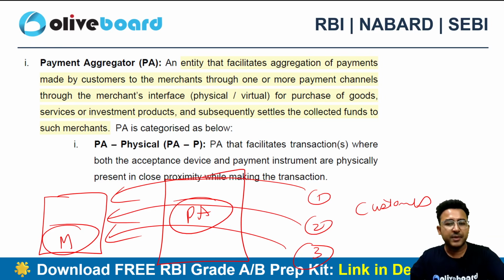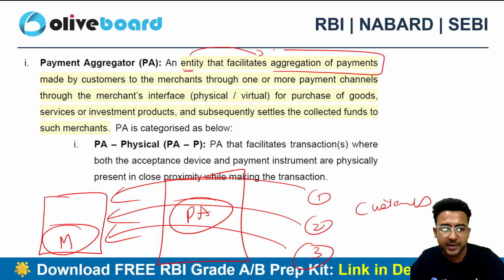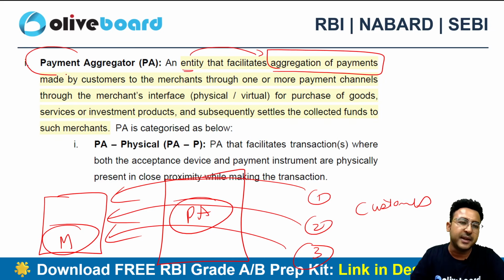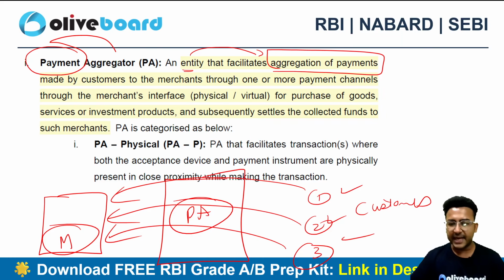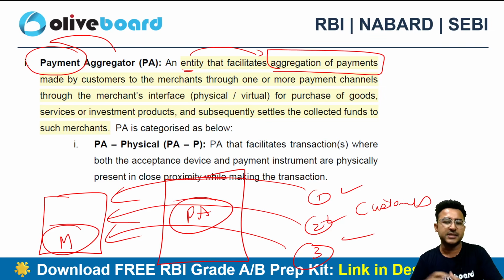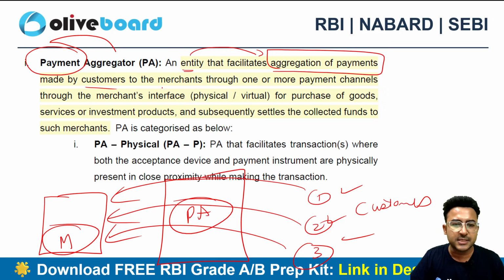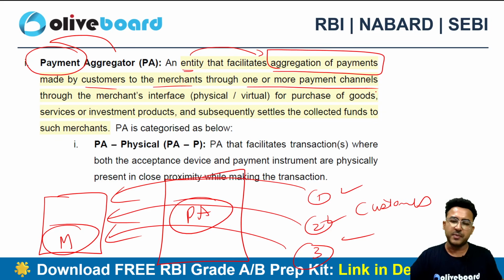So a payment aggregator is an entity that facilitates the aggregation of payments, and that's what the name is, payment aggregator. Whatever payments you are getting from the customers, this person is aggregating the payments. So it is an entity that facilitates the aggregation of payments made by the customers to the merchants through one or more payment channels. Maybe it can be a physical channel, it can be virtual, right?